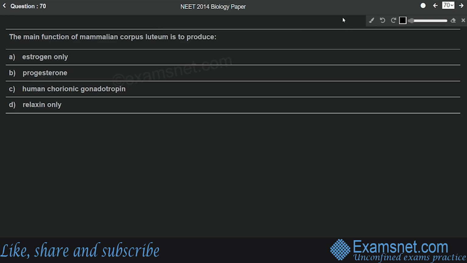Question number 70 is from the chapter Human Reproduction, and the question is, the main function of mammalian corpus luteum is to produce, options are estrogen only, progesterone, human chorionic gonadotrophin and relaxin only. Okay, so the corpus luteum secretes the steroidal hormones, that is estrogen and progesterone.